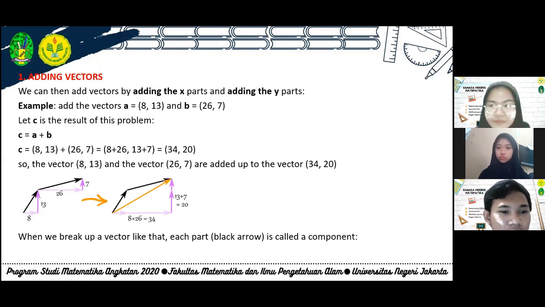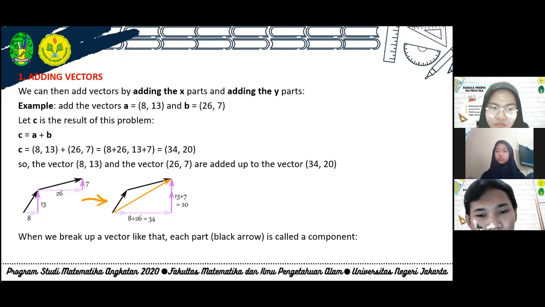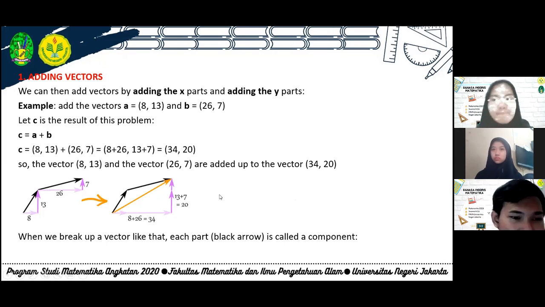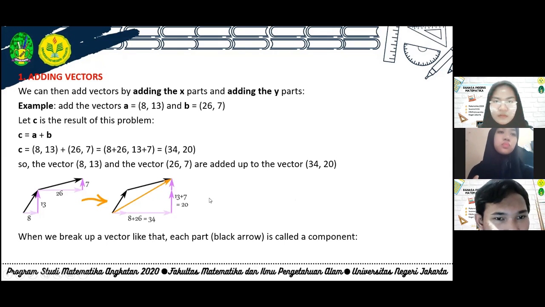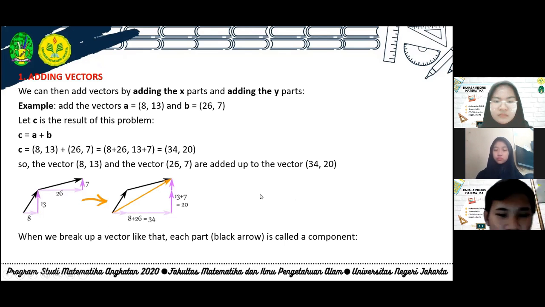So the vector 8,13 and the vector 26,7 add up to the vector 34,20. You can see this picture. When we break up a vector like that, each part, the black arrow, is called a component.